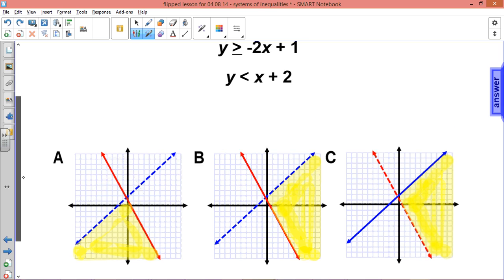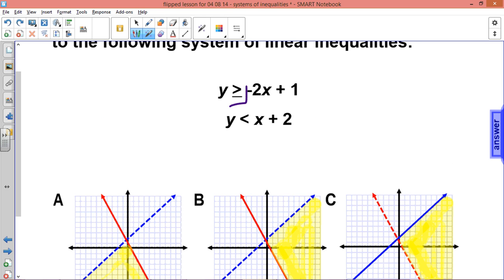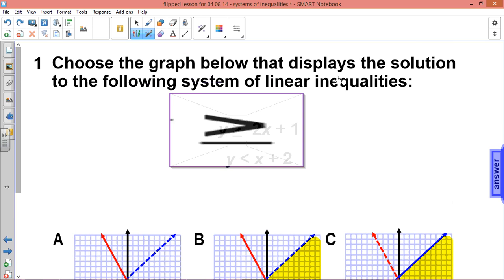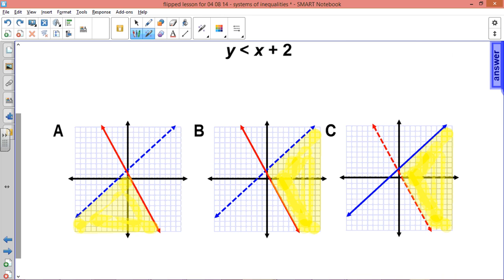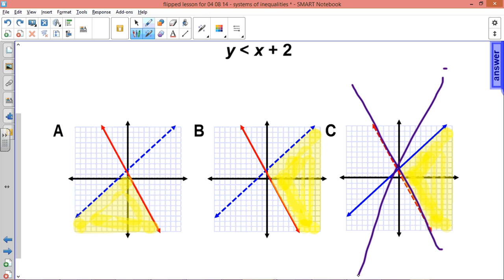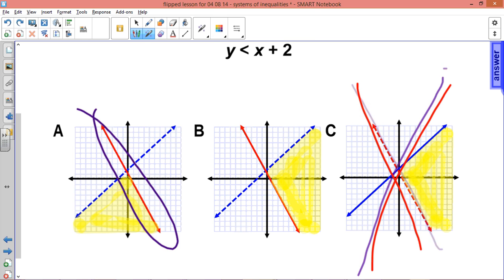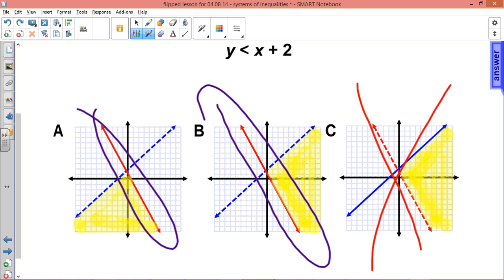One other thing, we have to look at what kind of line we get. We should have a solid line because it can equal. So we need a solid line, and it looks like we cannot have that one. Okay, this is a no-no because we want this line right here with a y-intercept of 1 and a slope of negative 2 to be solid. So C is automatically out.